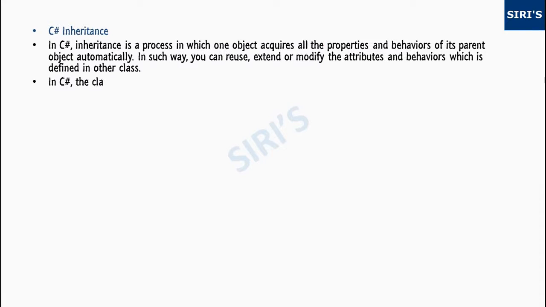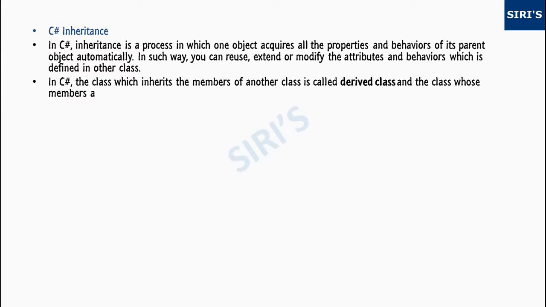C# inheritance is a process in which one object acquires all the properties and behaviors of its parent object automatically. In such a way, you can reuse, extend or modify the attributes and behaviors that are defined in the other class. In C#, the class which inherits the members of another class is called the derived class, and the class whose members are inherited is called the base class.